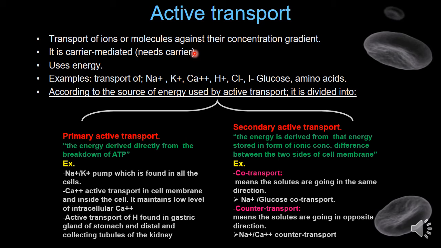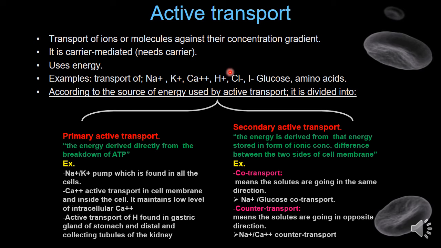We need a carrier to carry the molecule. It uses energy. This energy comes either directly from hydrolysis of ATP or indirectly from hydrolysis of ATP, as we will see in a few minutes. We have many examples for this transportation: sodium, potassium, calcium, hydrogen, chloride, iodide, glucose, amino acid. All these substances can be transported against their concentration gradient.